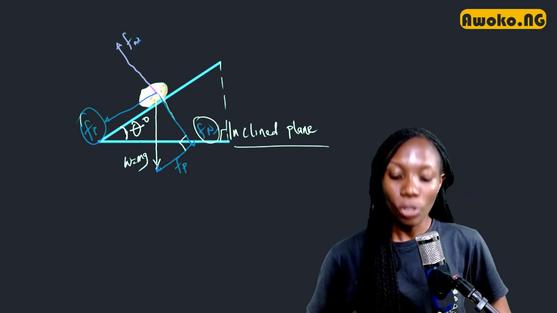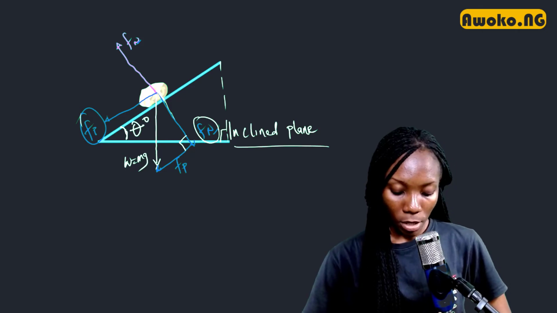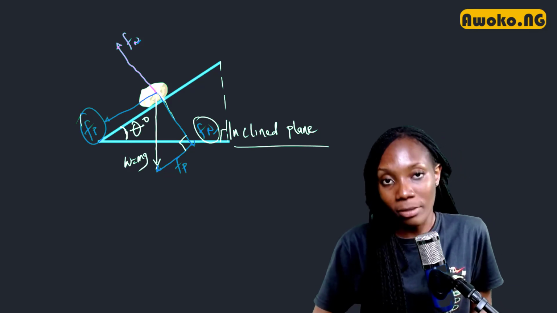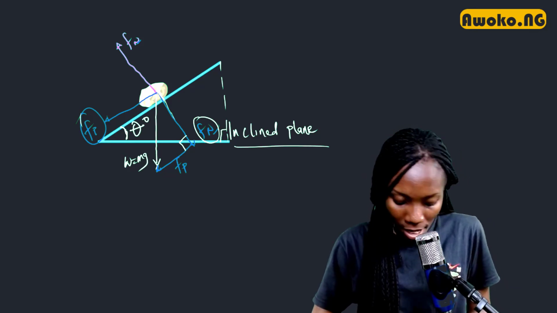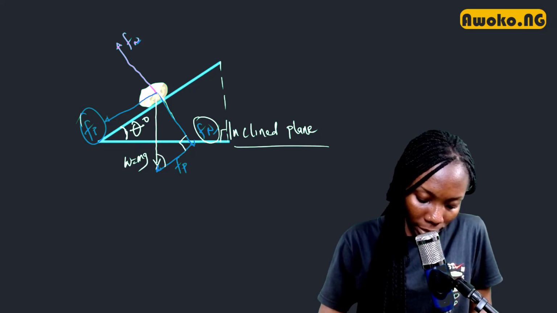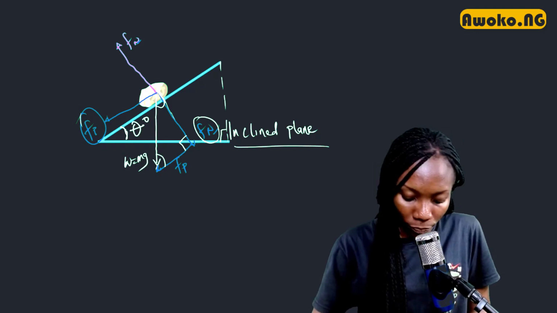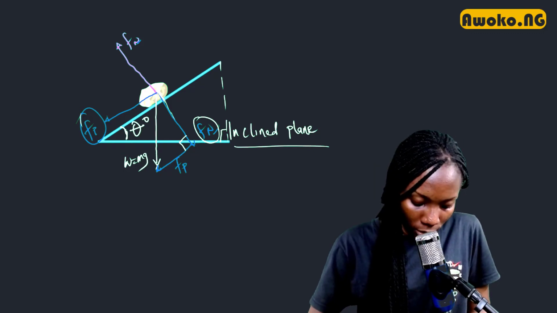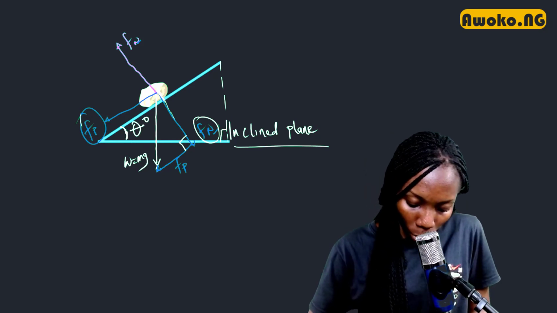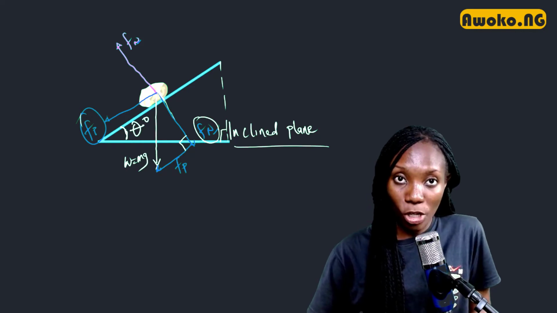So let us try and reproduce this, to get where our angle theta is supposed to be, whether it is here or here. So we just cannot assume the position of theta, so we have to solve for it.